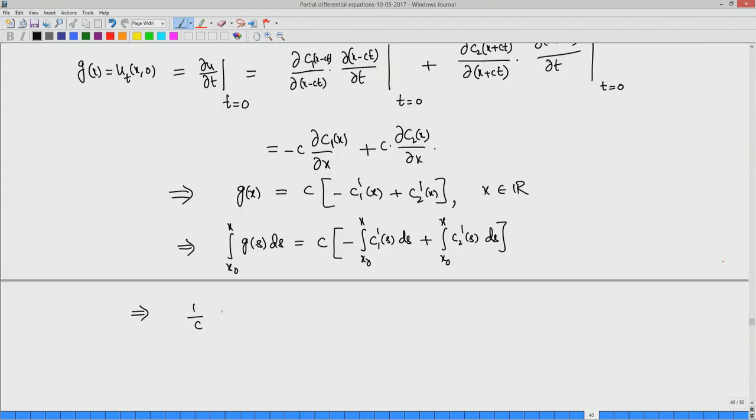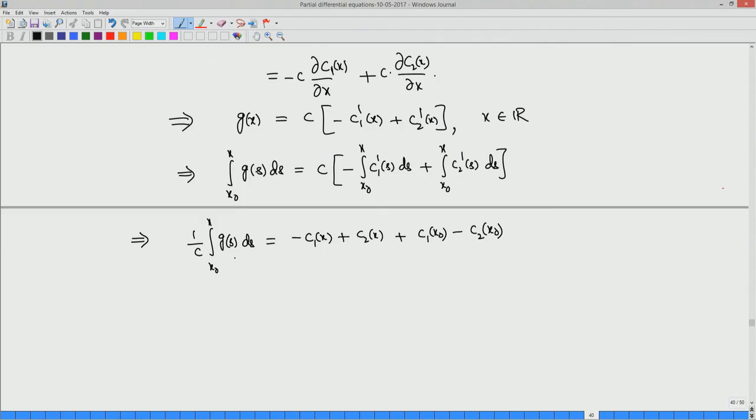You bring this 1 by c, so you have integral x naught to x g of s ds equal to, this is the derivative, so it will become c1 of x minus, the upper term will give you c2 of x. Now at the bottom, it will be c1 at x naught, and minus c2 at x naught. This is what you will get.